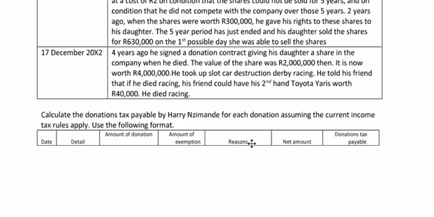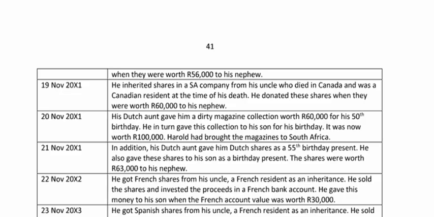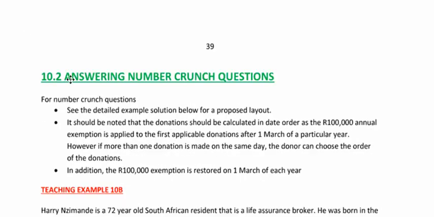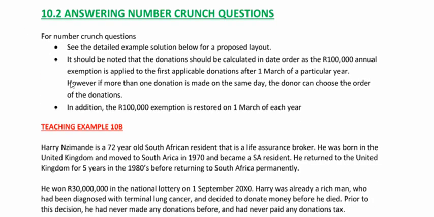So if you're donating to your wife, you can say donations to spouses are exempt. A net amount, what would that be? The amount of the donation less the exemption. And donations tax payable, it's either times by 20% or times by 25%. So that's what I think you should do when you structure one of these questions out.